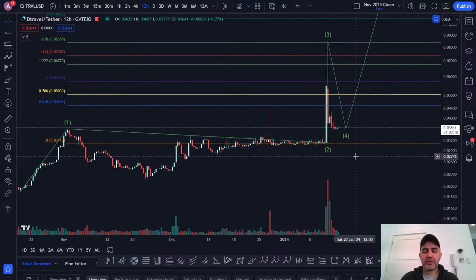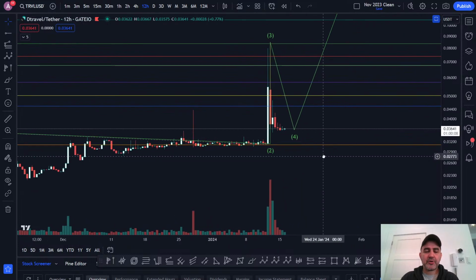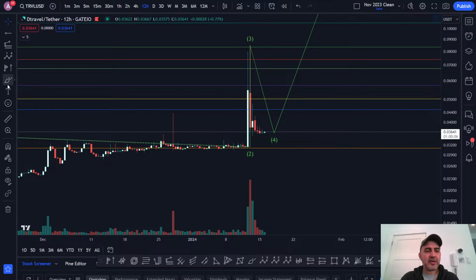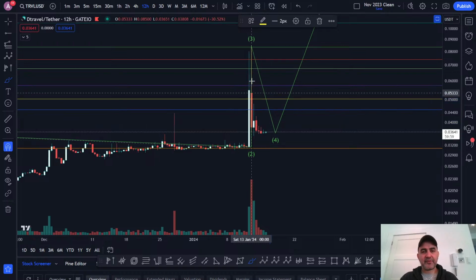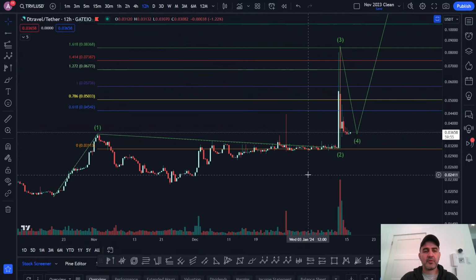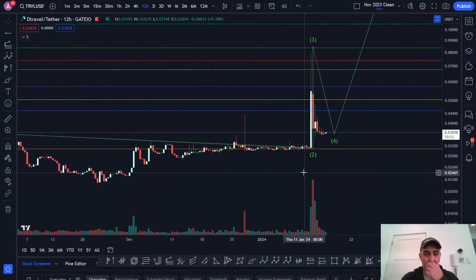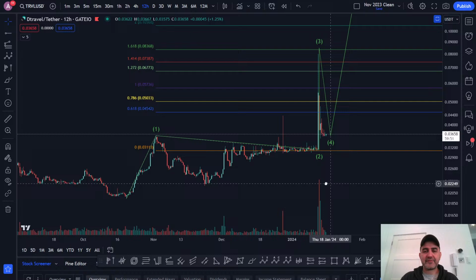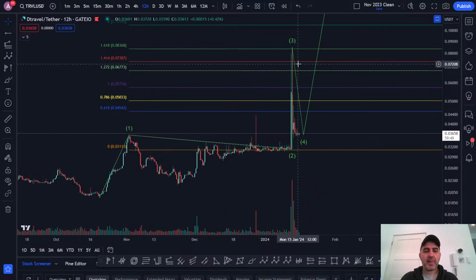Now, what I don't know is this. I don't know if we go up to do an A. So maybe, look, if this was the 3, what are these lines? Oh, they're the fib lines. Okay. So we've got these fib lines now. This is our extension.